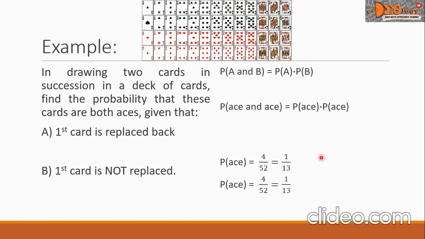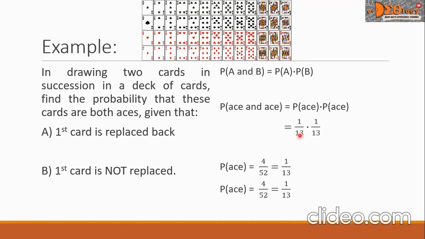Now, using our formula here, let us now substitute the values. So this is equal to 1 over 13 times 1 over 13. And the product is 1 over 169. We know that we multiply numerator by numerator, and that is 1 times 1 is 1.